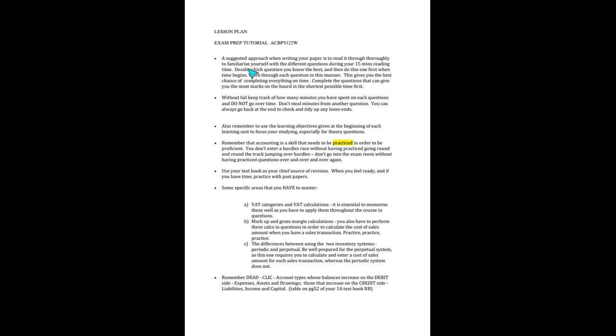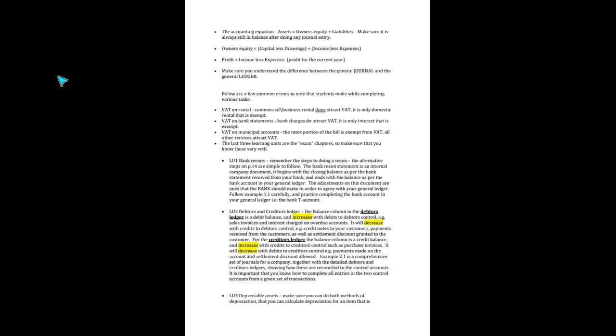What it consists of is some quick hints and tips, the real highlights that you have to pay attention to, and that you must make sure you've either mastered, or that you've paid attention to the specific things that I've mentioned, like how many minutes, etc. I've got some specific areas that you have to master, and make sure that you've revised and you are 100% comfortable with these items that are highlighted under this section on these next couple of pages.